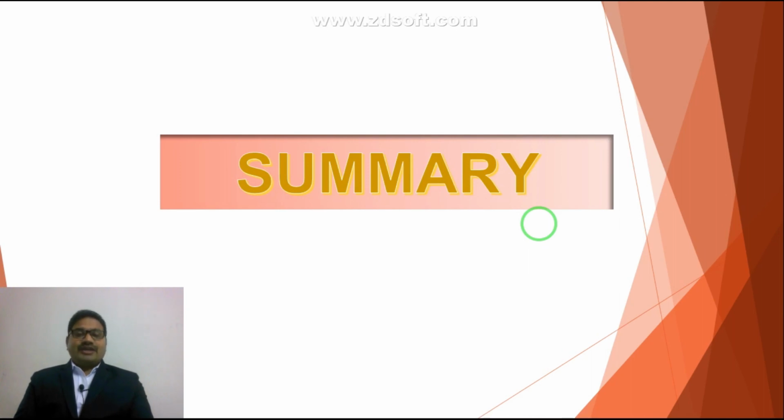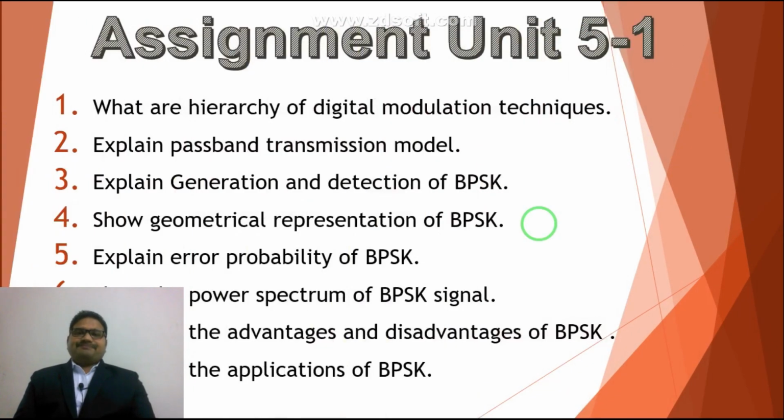We understood coherent, non-coherent, binary and M-ary schemes. Then we came to know about binary phase shift keying, how the generation and detection of your BPSK take place, what the error probability is, and how you show the power spectra of your BPSK. Then we learned about its applications, drawbacks and advantages. So today we have seen BPSK.